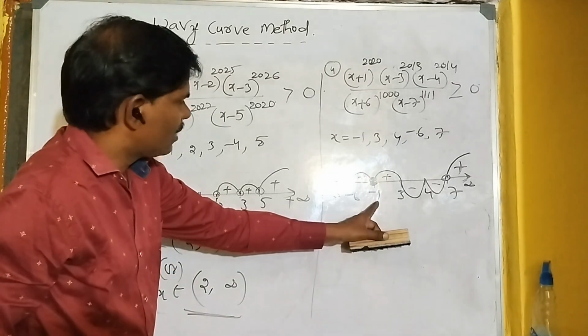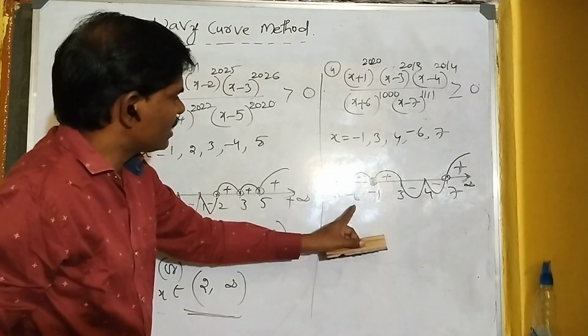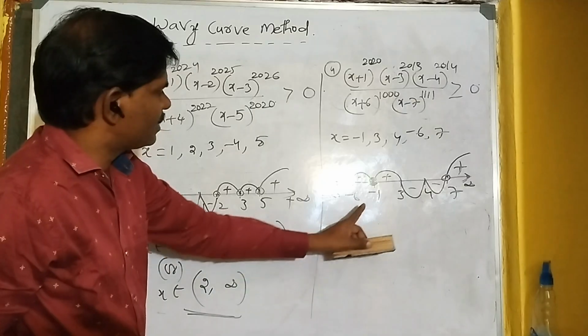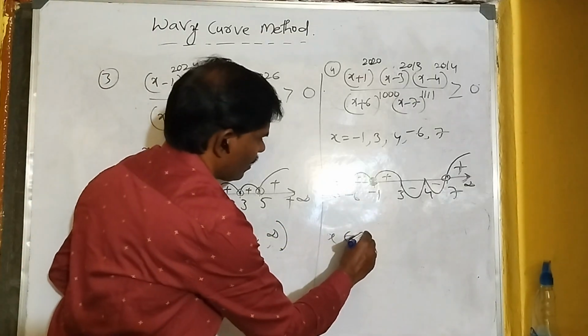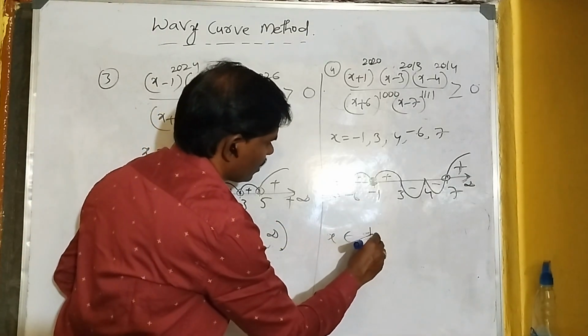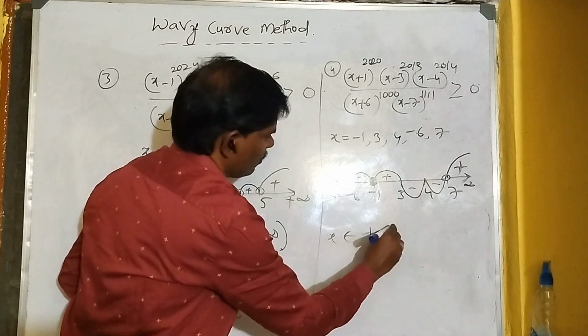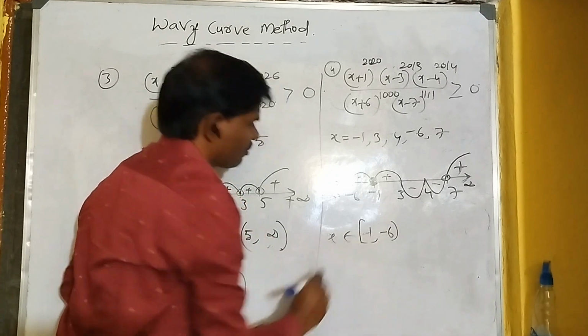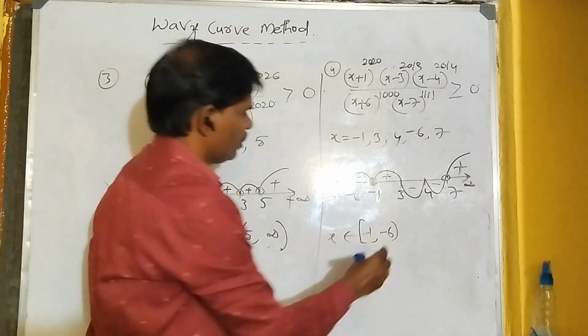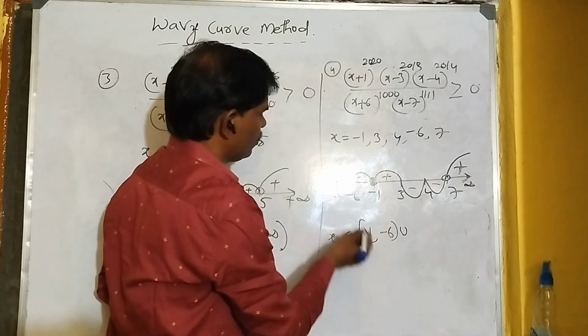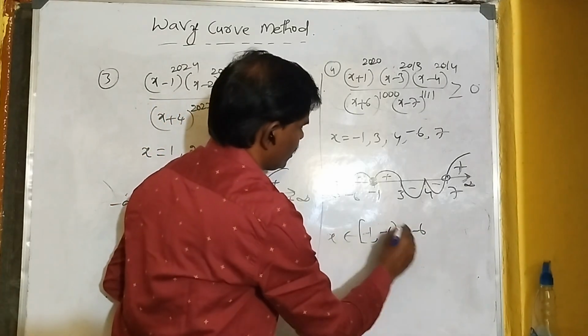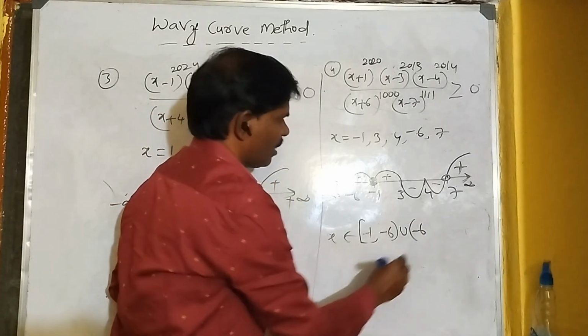What is the x belongs to? What is the answer? Minus 1 to minus 6, hollow curve. Minus 6 is an open interval, minus 1 is a closed interval. Next, union minus 6 to infinity. Minus 6 is an open interval.